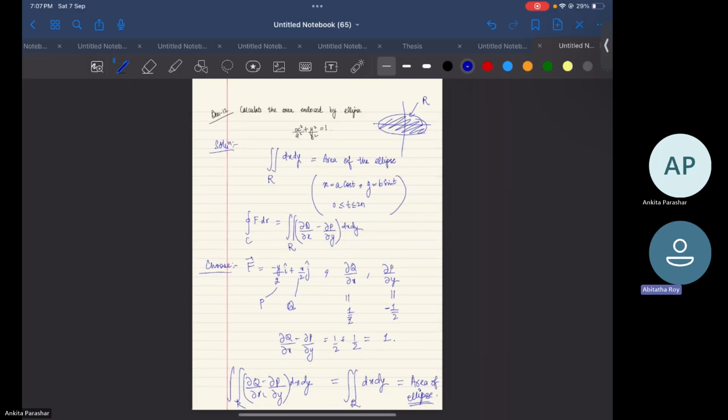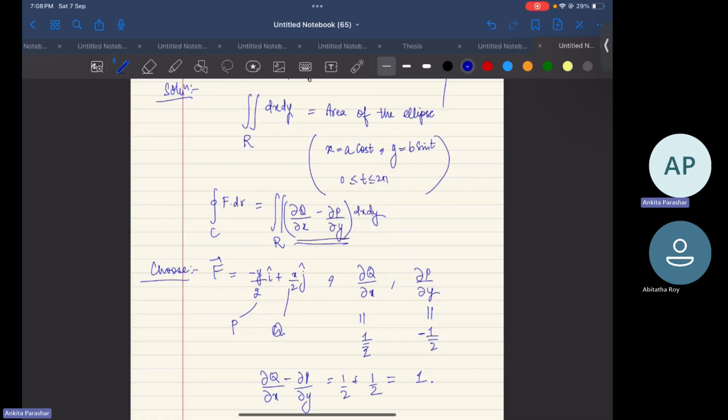I wanted to compute the area of the ellipse. The way area is written, it is the double integral of dx dy over R. It has nothing to do with Green's theorem as far as I know, but I am telling you to use Green's theorem to find the area. Green's theorem will hold as long as you have an f, a vector field, with del q by del x minus del p by del y equal to 1.